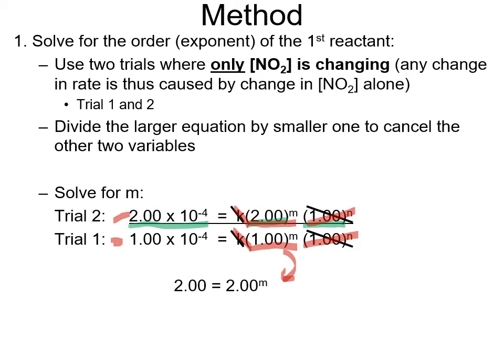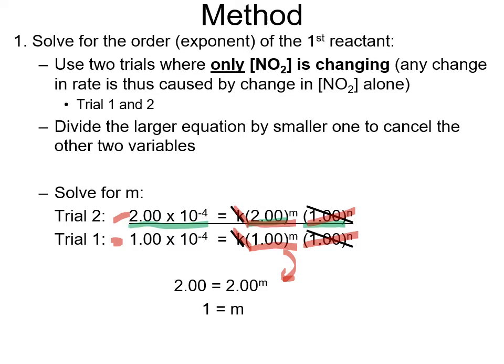Now we can solve for our exponent. You can do some fancy logarithmic work to solve for it, or you can realize that if 2 is equal to 2 to the m, m must be equal to 1. The nice thing about these rate laws is that you're going to get very low whole numbers, so you don't have to worry about any fancy mathematics.